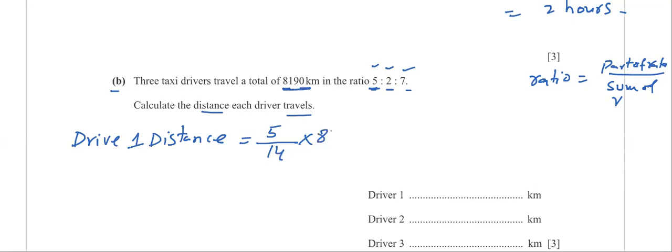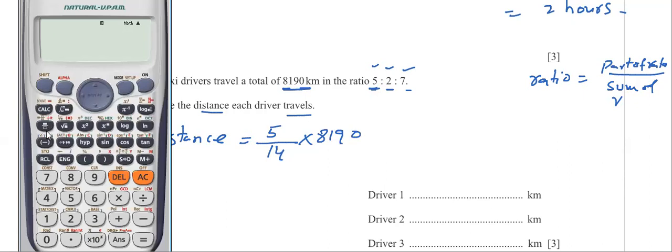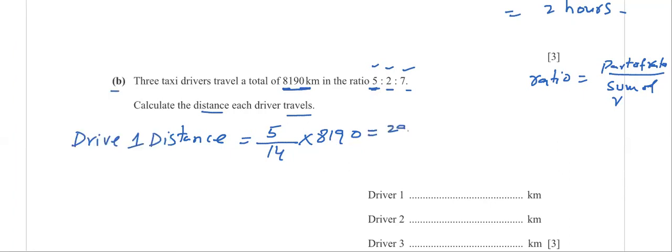Total distance is 8,190. So that will be 5 over 14 multiplied by 8,190, which is 2,925 kilometers. That is for driver number one.